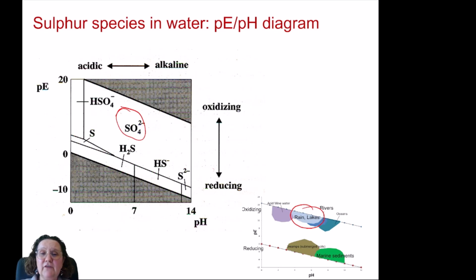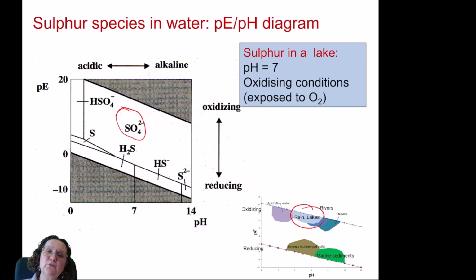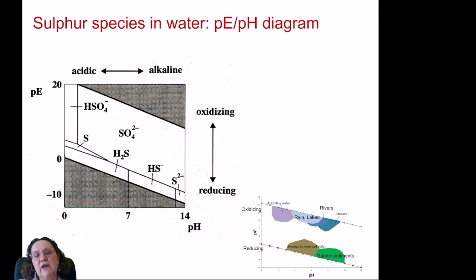So if I'm thinking of what form my sulfur will be in a lake at roughly neutral pH, well, it will be most likely in the form of sulfate, which is the species stable in oxidizing conditions, because there is a lot of oxygen. So you have a very highly oxidized form of sulfur. And on the other hand, what about sulfur in a swamp, in a submerged soil, in a reducing environment?